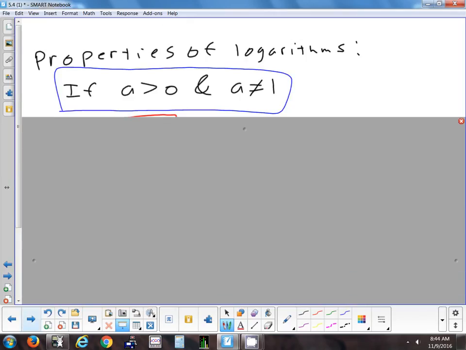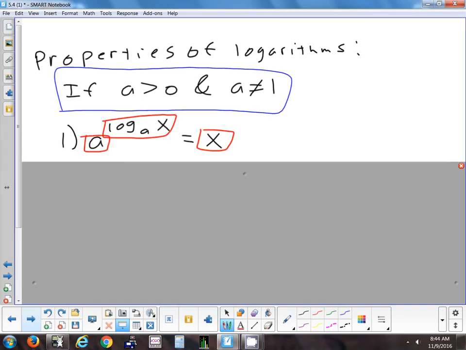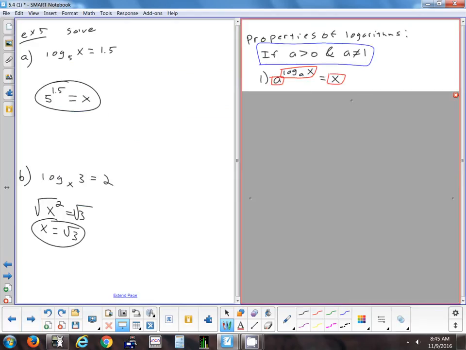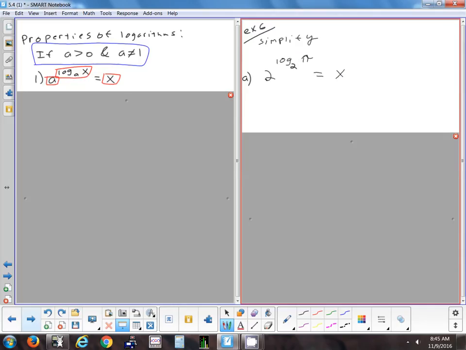All right, so now we're going to look at some special patterns, okay, that can come up with logarithms. And these are just patterns to recognize. There's not really a lot of algebra to do here. It's just kind of something special. If you have something in this pattern, a raised to the log base a of x. Okay, let me see if I have one with numbers I can show you.